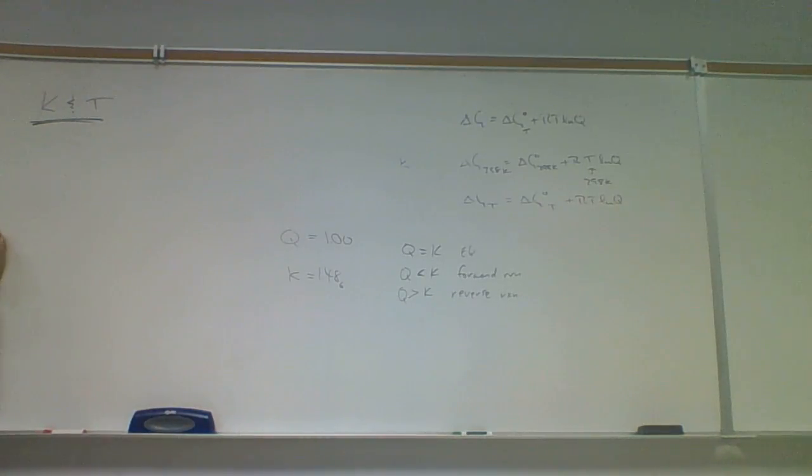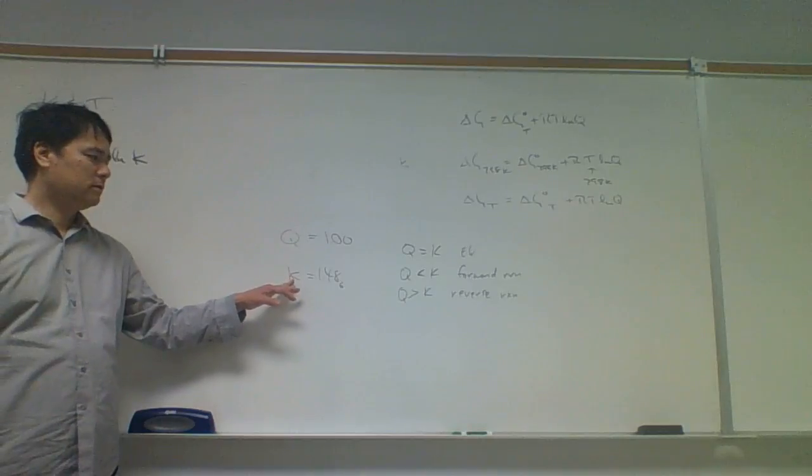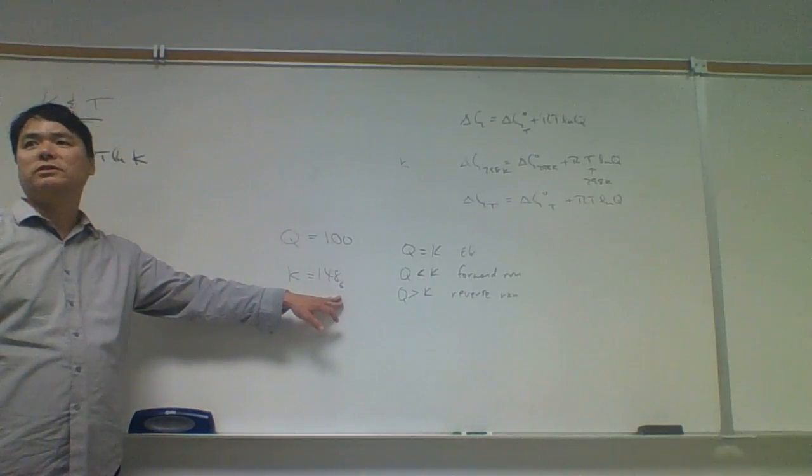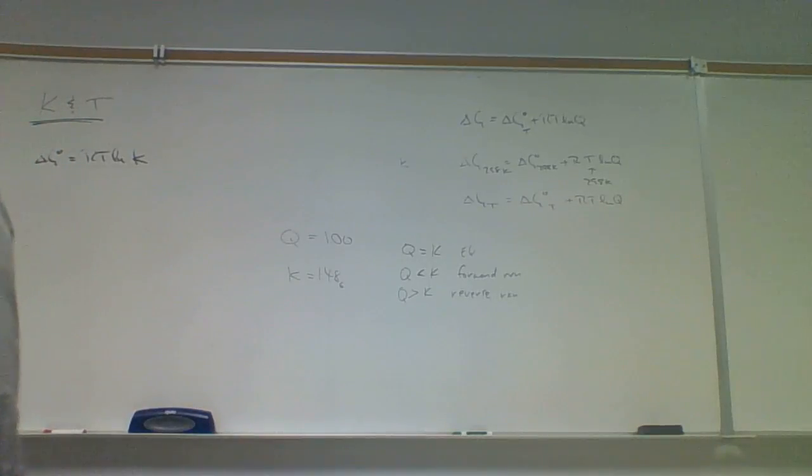If we're looking at K in temperature, then we see that delta G naught is equal to RT ln K. If delta G naught is equal to RT ln K, then let's say I want a specific K value. From the previous reaction, the K was 1.486, meaning that at 1.486, it's close to 1-to-1 product to reactant ratio, right, once we hit equilibrium.